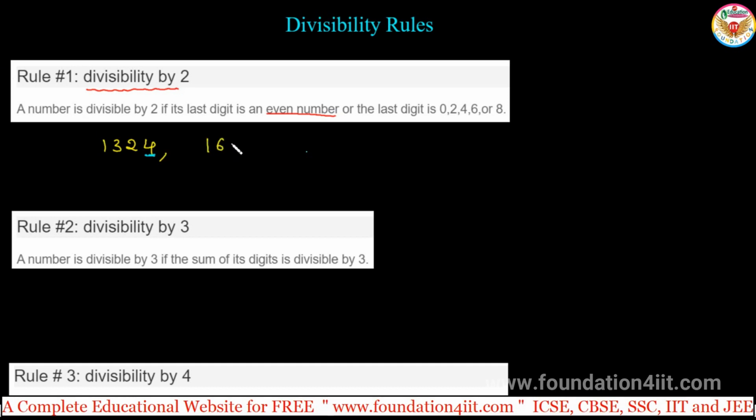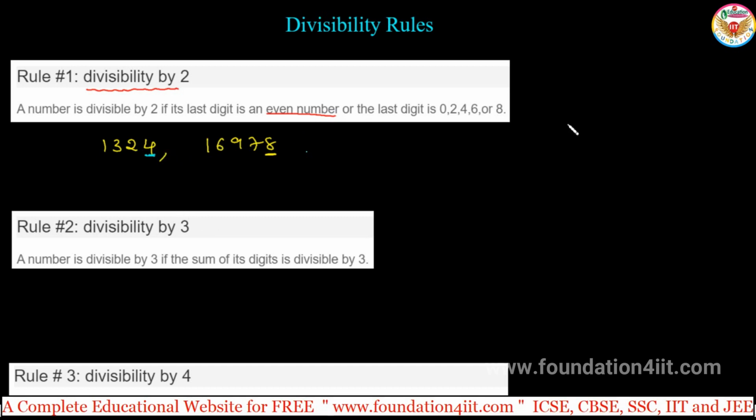And 16,978, where 8 is in the units place. So all the even numbers are divisible by 2.